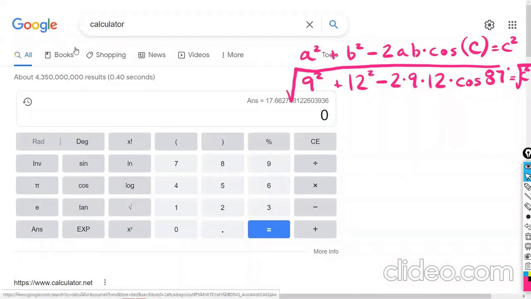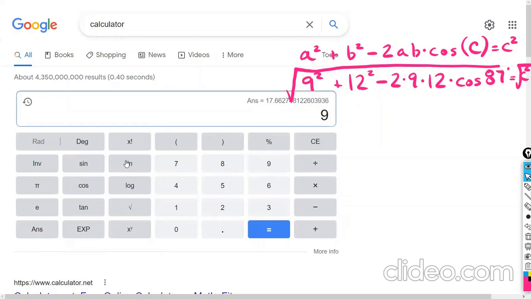So here's the Google calculator. Make sure right here that DEG is in boldface. That means it's set to degrees because we are working with degrees. Now you can do this all in one shot or two separate steps. I'm going to do two separate steps. So let's do 9 squared.